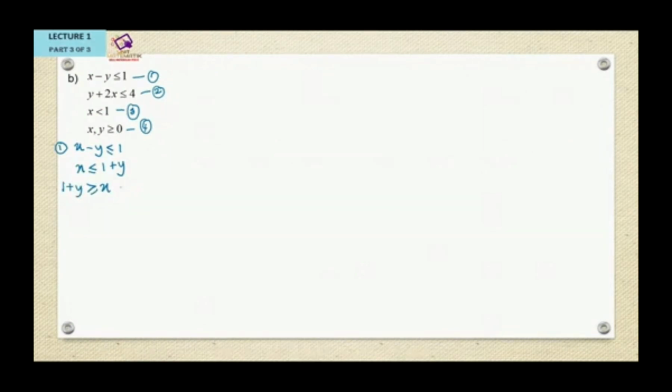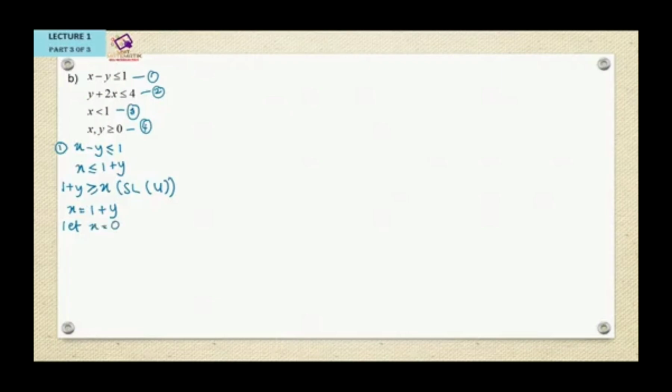Up to this point we will have a solid line and it is above. Okay student, because of the included boundary line, it is a solid line. Then the notation is greater than or equal, so it is above the line. Next we need to rewrite as y equals mx plus c, x equals 1 plus y. Let's find 2 points.